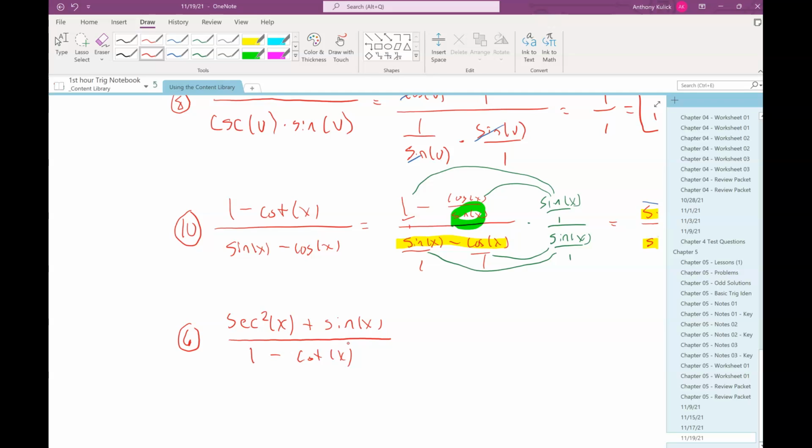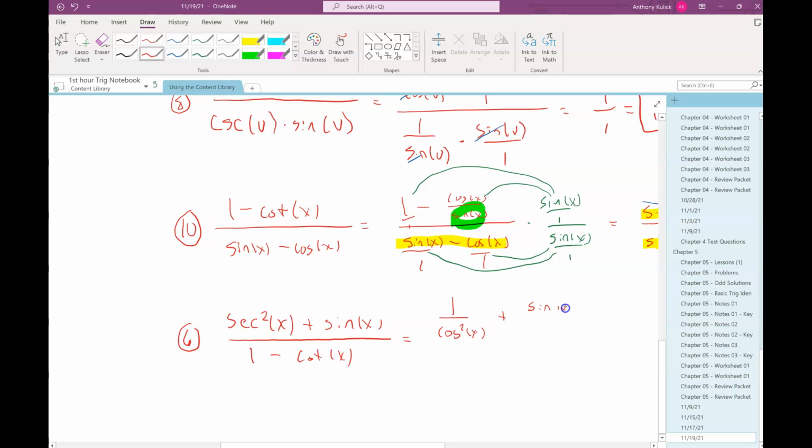Okay. So again, nothing obvious algebraic to do. I'm probably just going to start by writing everything in terms of sine and cosine. So secant squared is 1 over cosine squared.